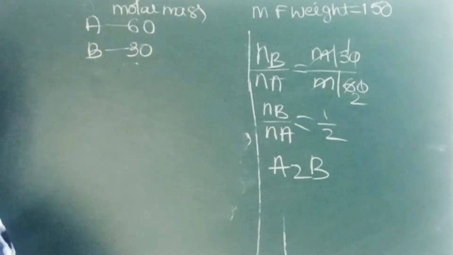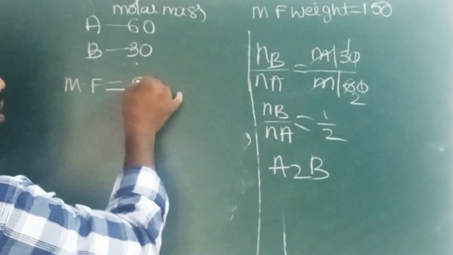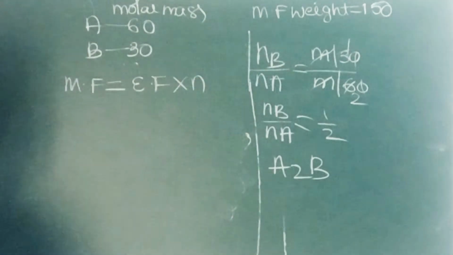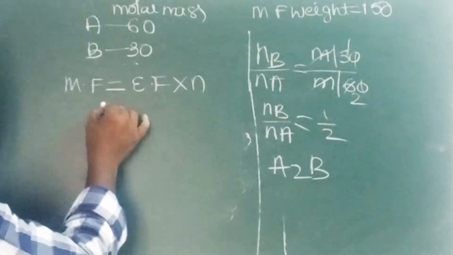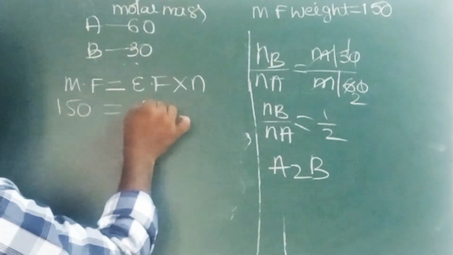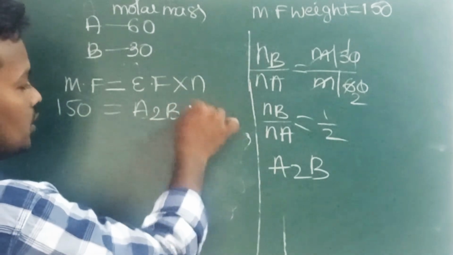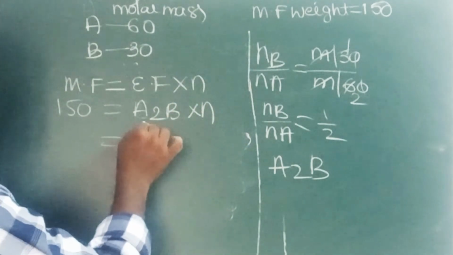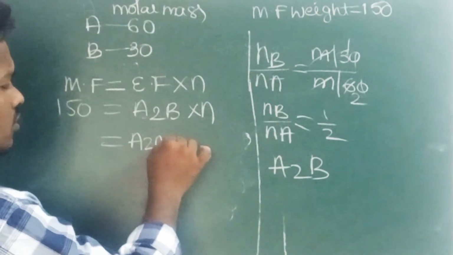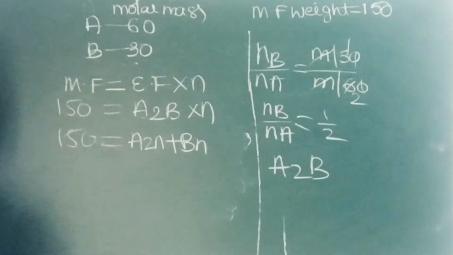What is the relation? Molecular formula is equal to empirical formula into n. We know the empirical formula, A2B, and the molecular weight is 150. So A2n plus Bn is equal to 150.